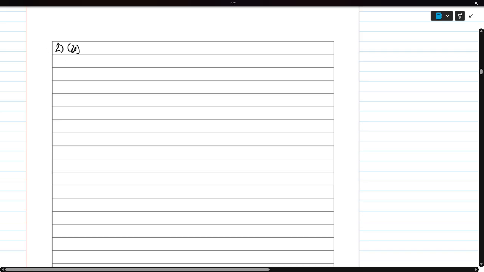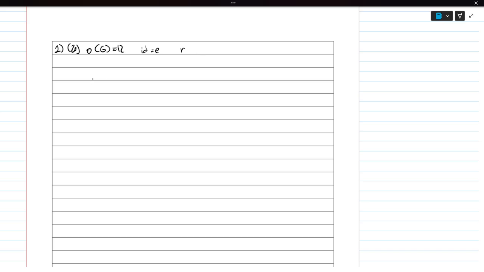Okay, part A. When I read it the first time just now, I don't think I digested anything that they said. Start: group G has order 12. Identity is E, and okay, R is the generator.